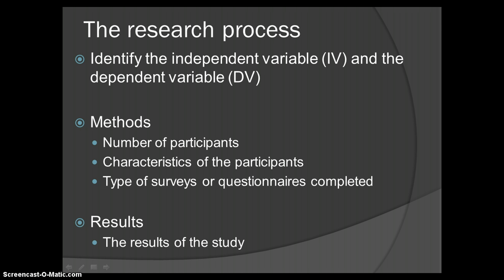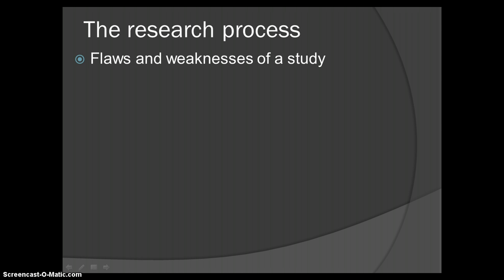Another component of the research process is obviously the results of your study. And it's always important to consider the flaws and weaknesses of your study. So for example, researchers didn't use random assignment. That could have influenced the results they got.